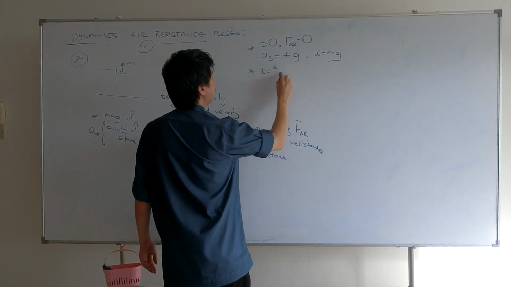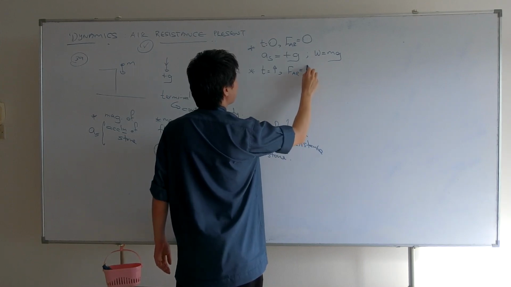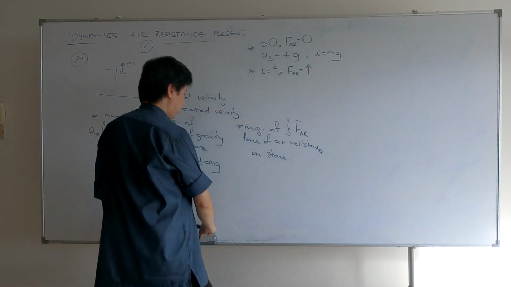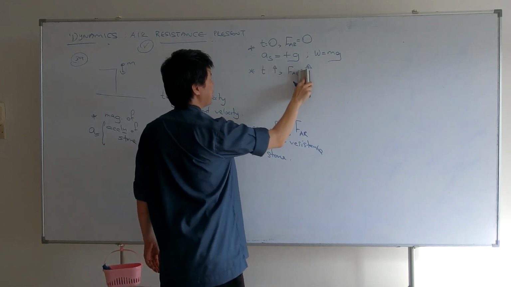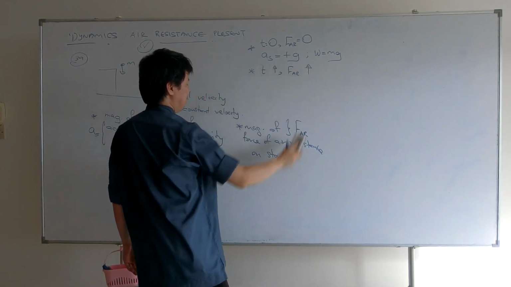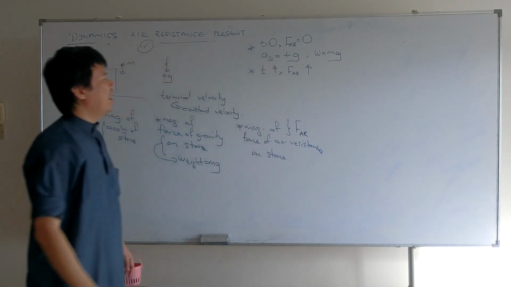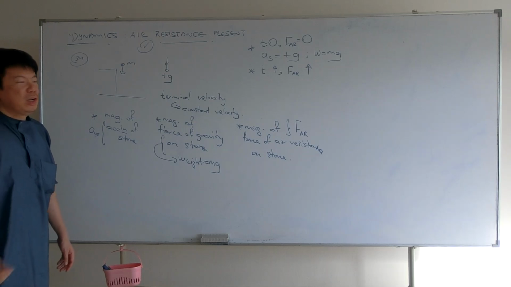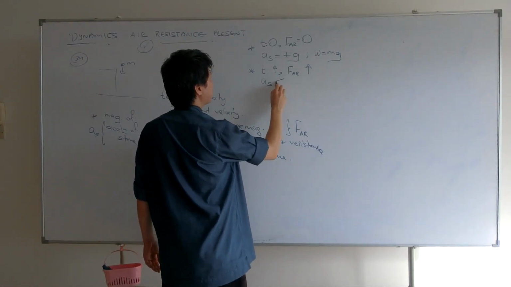What happens to your air resistance? It also increases. Actually, it's not correct to put increases with an equal sign. So let's say when time increases, air resistance increases. What happens to your acceleration? Your acceleration of stone actually decreases.